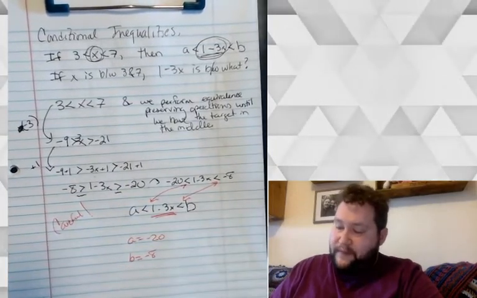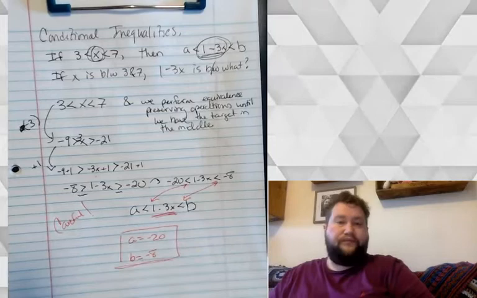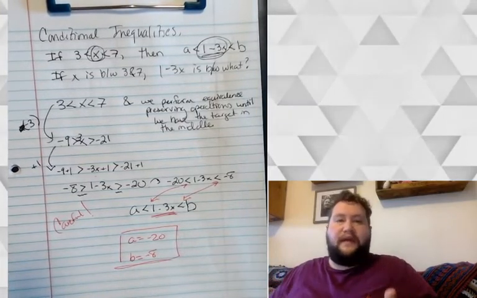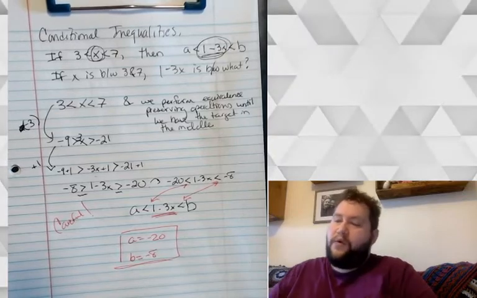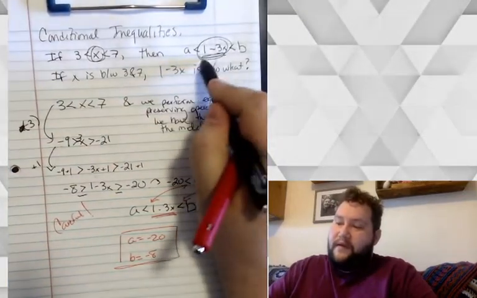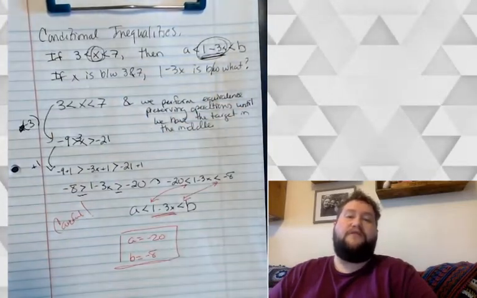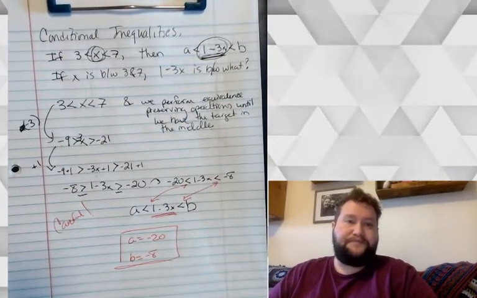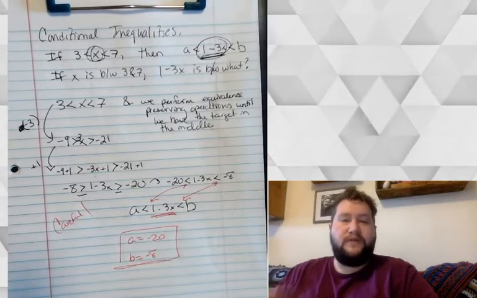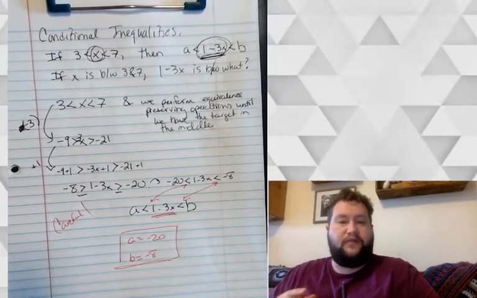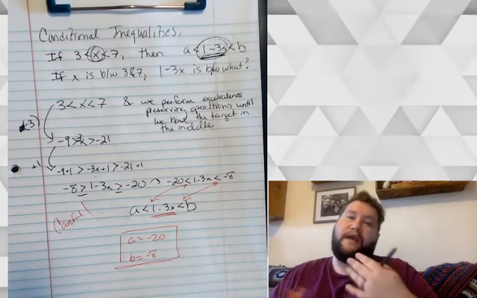And this would be the answer. So really conditionals are just saying if we know that x is between some values, what are our bounds or limits of some other expression involving that same x? These are really just bringing together those equivalence preserving operations, but working in the opposite order.